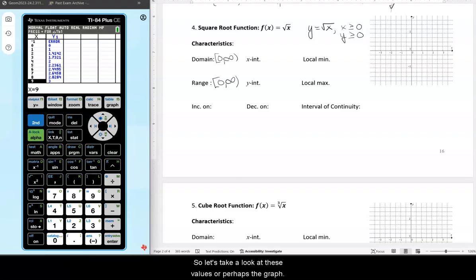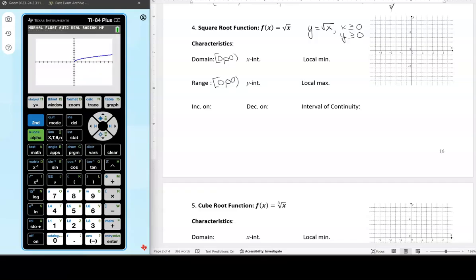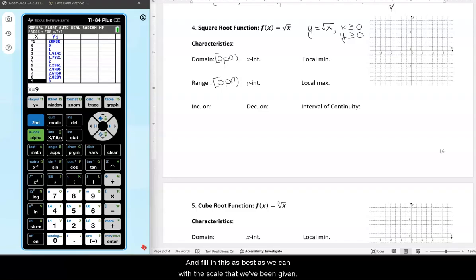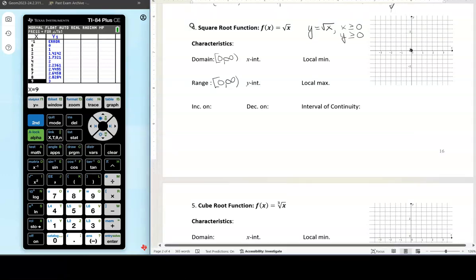So let's take a look at these values, or perhaps the graph, whichever one you're most comfortable with. I'm going to use a table, and fill in this as best as we can with the scale that we've been given. So to start off with, the square root of 0 is 0. The square root of 1 is 1. Check your scale.